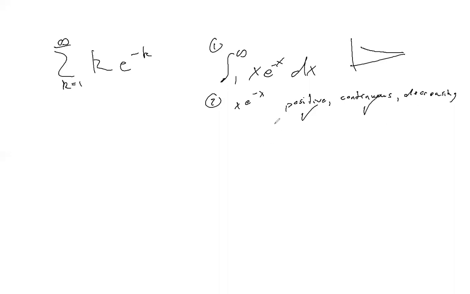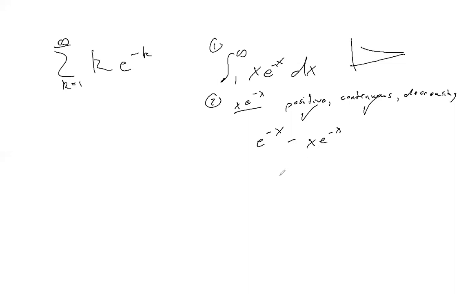What about decreasing? To figure that out, I need to look at the derivative. So I take the derivative of x e to the negative x. Let's see, what would that be by the product rule? That would be e to the negative x minus x e to the negative x, right? All right, so is this negative for x greater than or equal to 1?